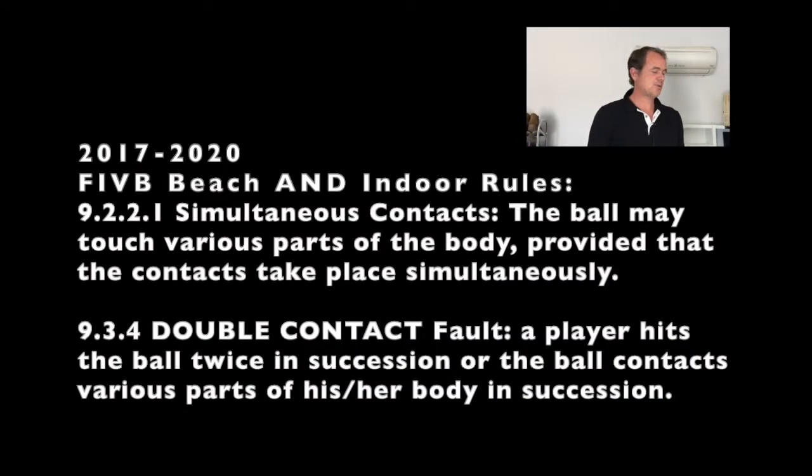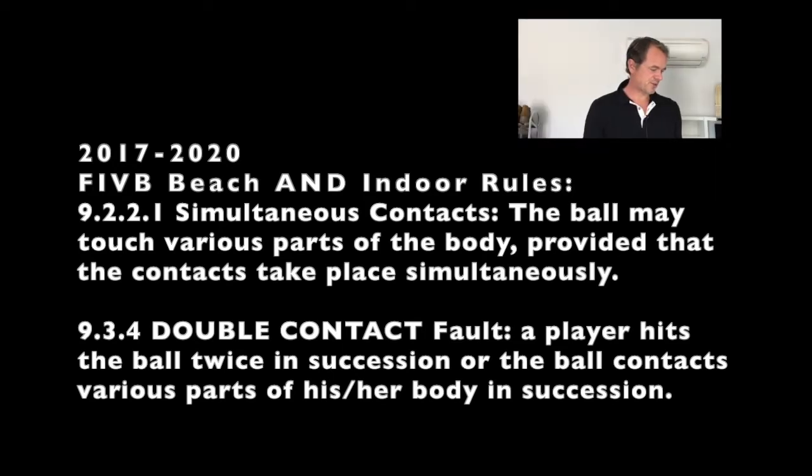Let's talk about a double or a simultaneous contact. 9.2.2.1, the ball may touch various parts of the body provided that the contact takes place simultaneously. A double contact fault is where a player hits the ball twice in succession or contacts the ball at various parts of his or her body in succession.